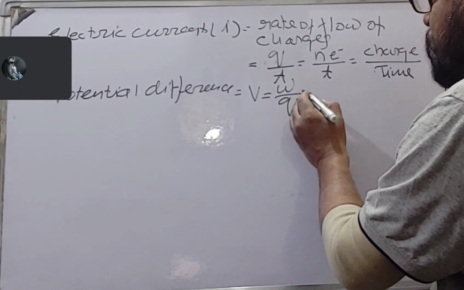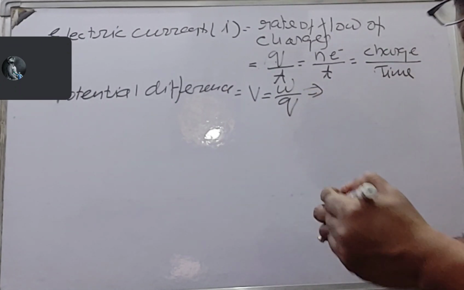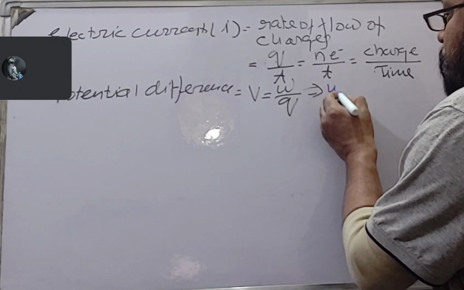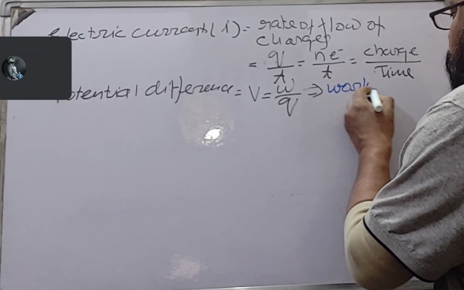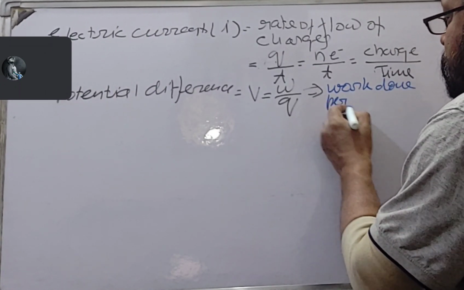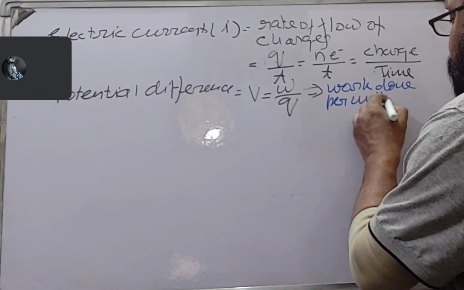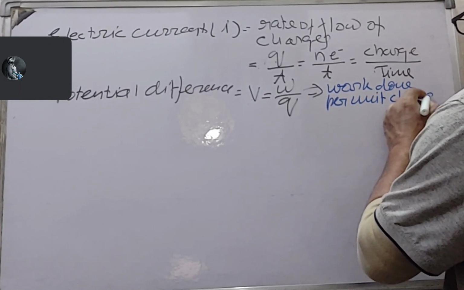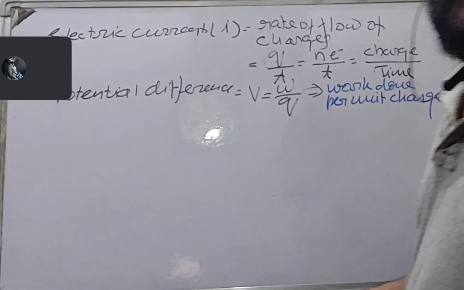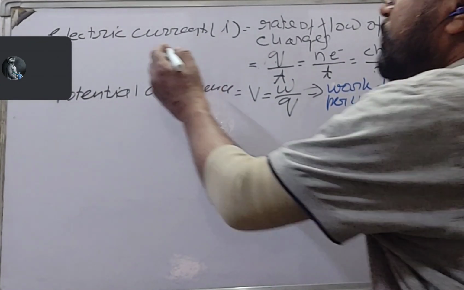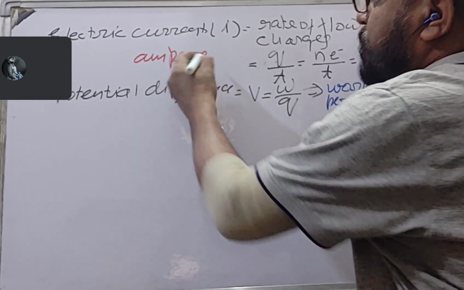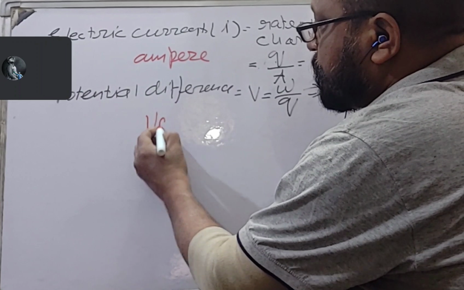The potential difference is work done per unit charge. Electric current's unit is ampere, and the unit of potential difference is volt, right?